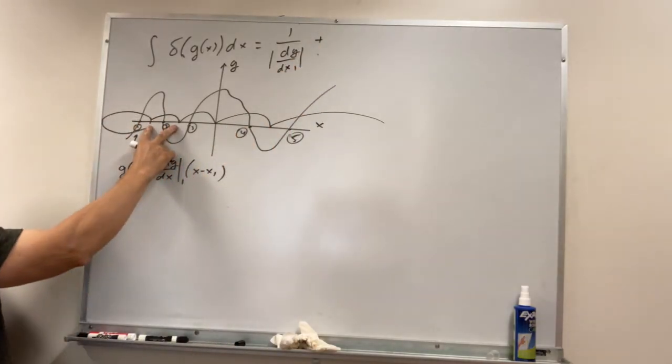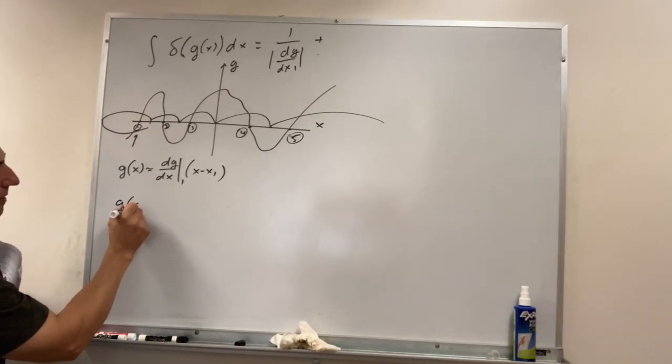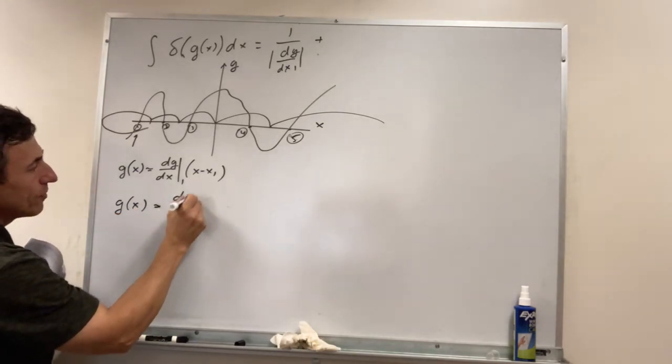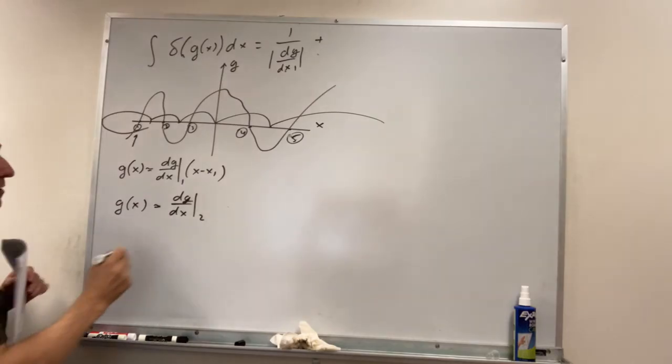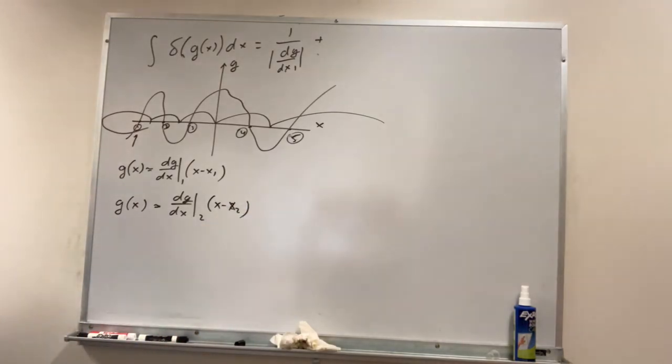Similarly, when you calculate the integral near point 2, again we use the Taylor expansion near point 2, and g near point 2 is 0 plus the linear term, the derivative times (x minus x2). Again, it doesn't matter what the limits are.